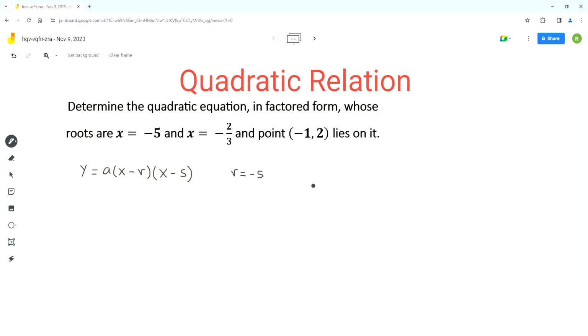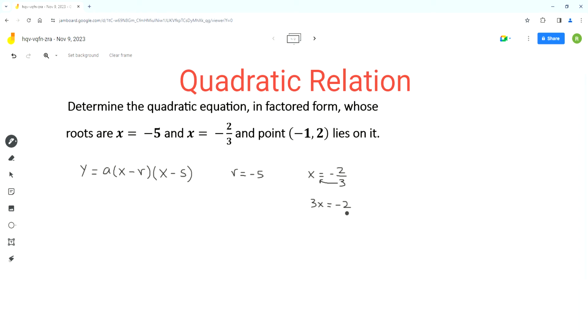So since the root is given as x equals -2/3, we write the equation for x, and now we have to manipulate this equation so that we can make it equal to 0. For that, the first step is to cross multiply the denominator. So we multiply x by 3, so we get 3x equals -2.